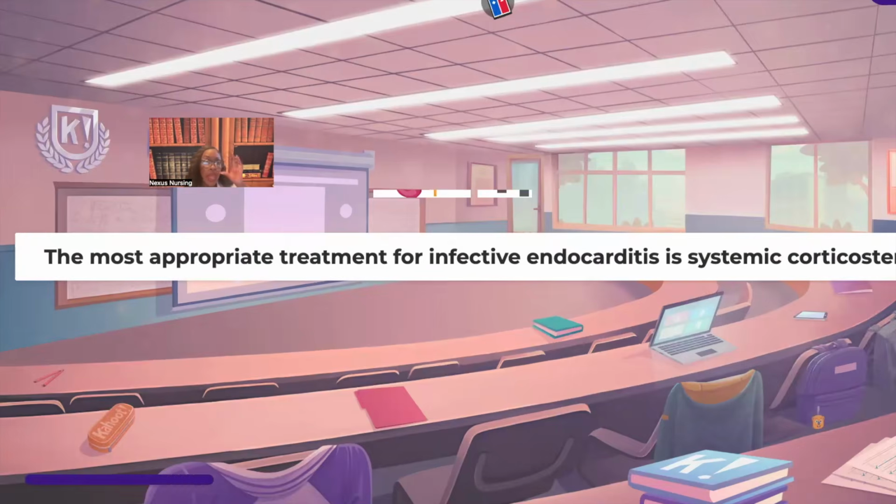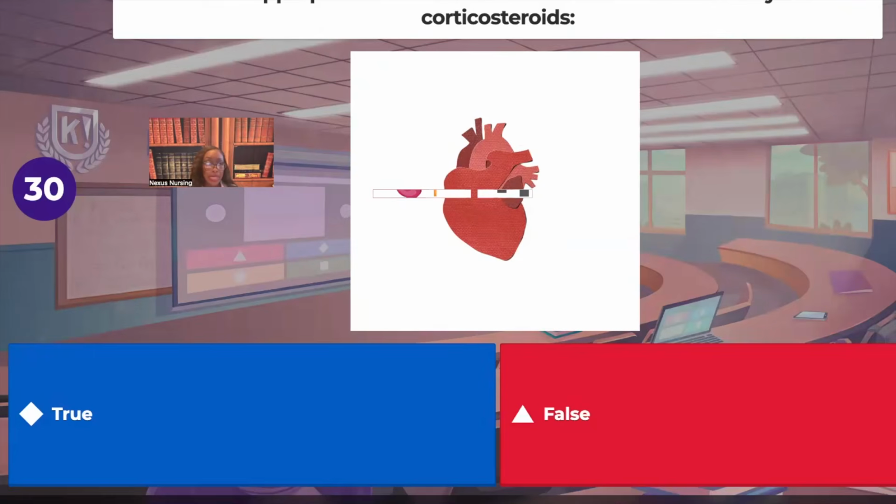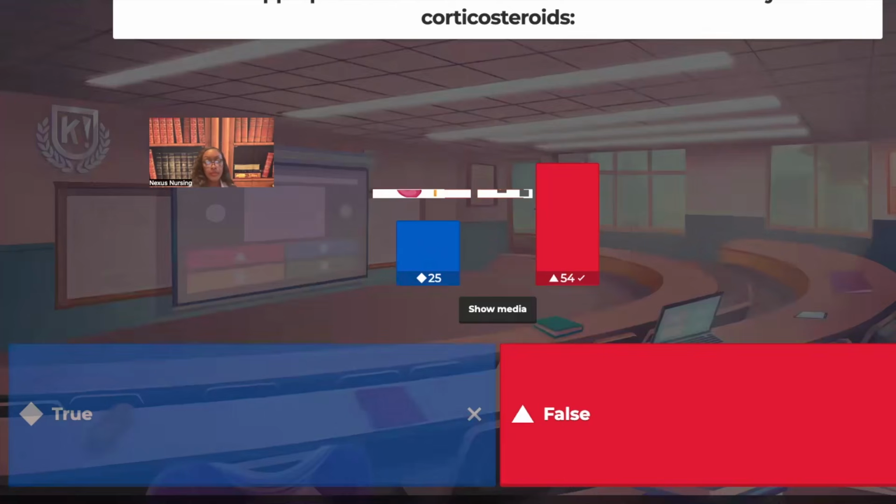All right, true or false? The most appropriate treatment for infective endocarditis is systemic steroids. Is this true or is this false? This is for nurse practitioner students who are studying to take either the ANCC or the AANP. Very good. False.